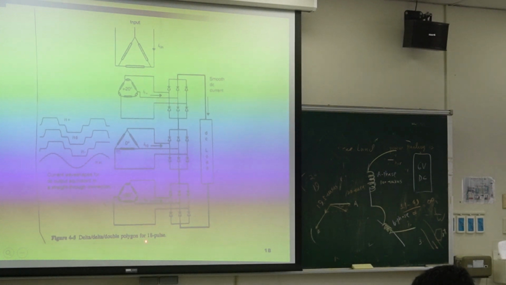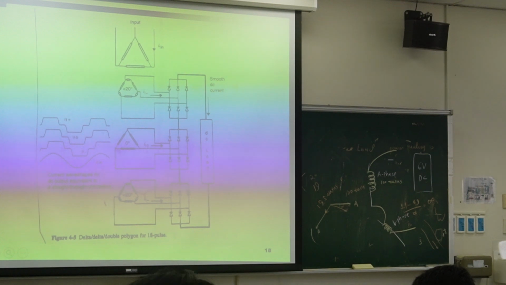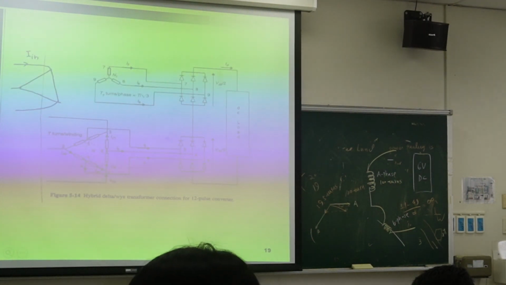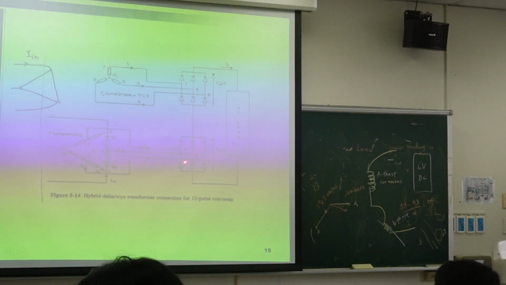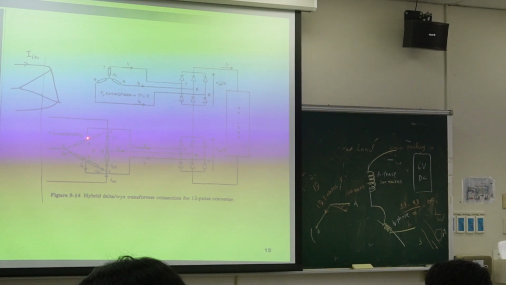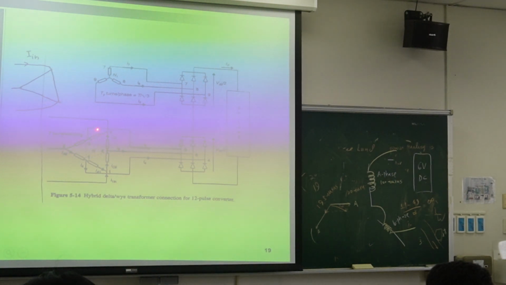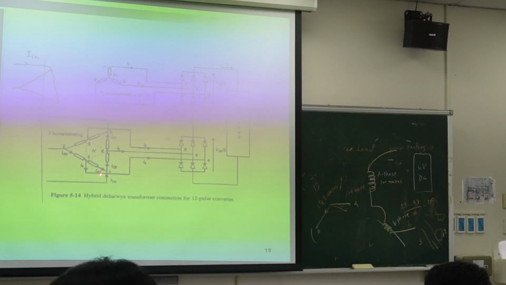So this is 18 pulse. This is provided by ABB. Also, they propose this idea. We have Y connect, but here we use this kind of transformer. Here, maybe 50-10, 50-10, 50-10, 50-10, 50-10, 50-10, but the output comes from the middle.